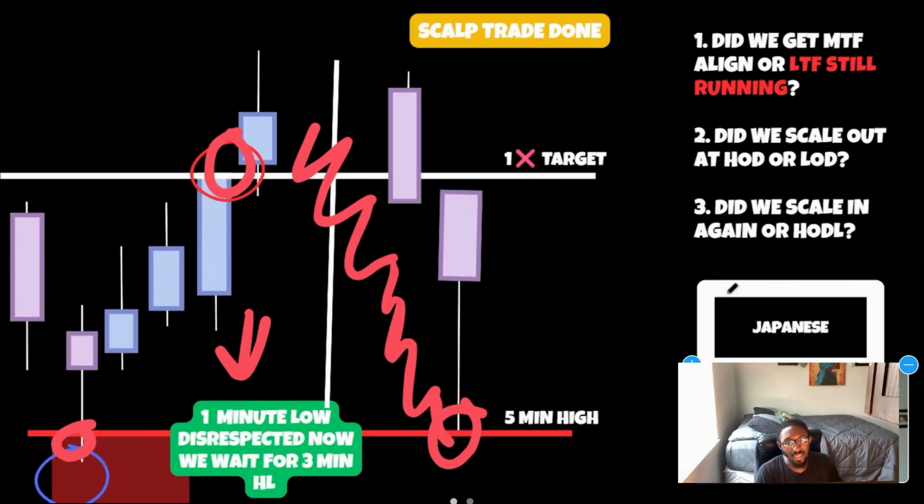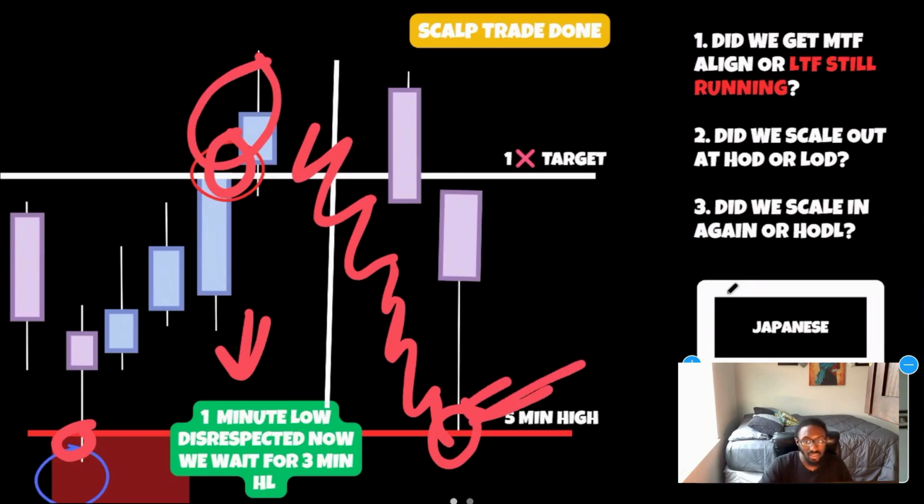So, did we get the medium time frame alignment, or is the lower time frame still running? If the 1 minute is still running, we're going to stay. If the medium time frame aligned, then we might be able to walk away. Did we scale out at higher day or lower day? We already said that. Did we scale in again, which is down here, or did we just hold on for dear life?